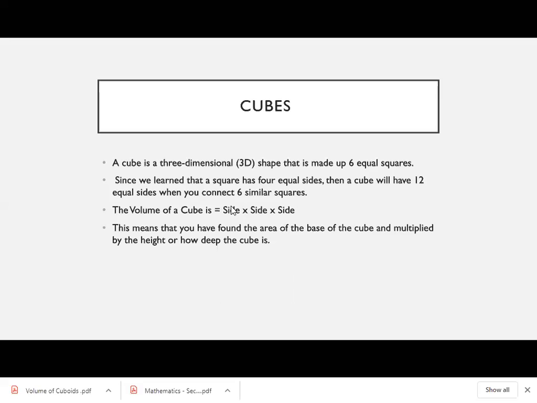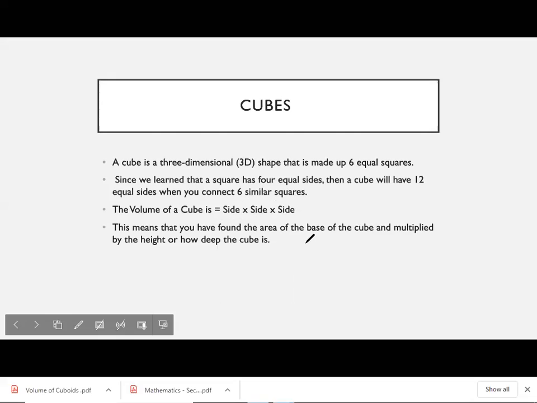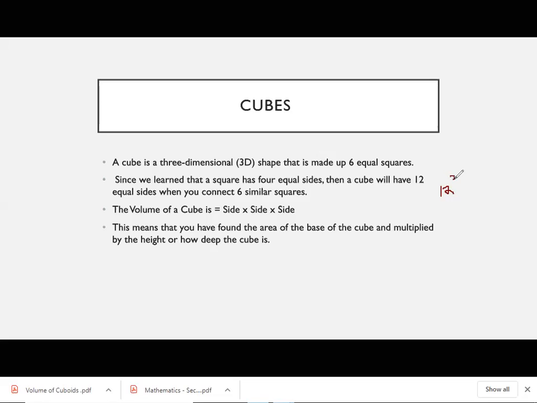It will be taking side and multiplying it by side and multiplying it by side. Side by side by side. Please remember, in a whole different topic, you were taught that 12 squared means 12 multiplied by 12.